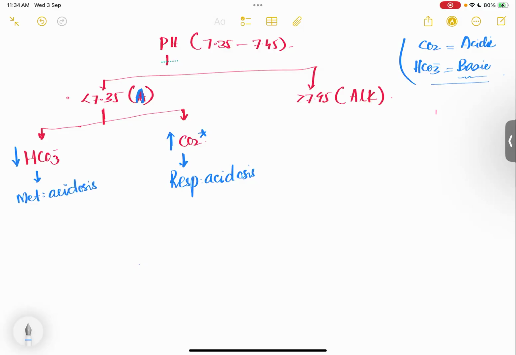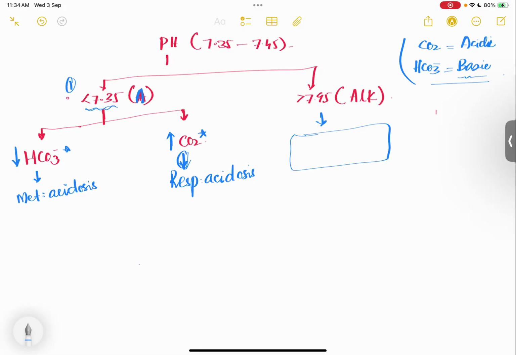So don't confuse. Whenever you look into the pH, first decide from pH. The first step is looking into pH. The second step is look to carbon dioxide for respiratory and look to bicarb for metabolic. For alkalosis, it's the same concept, okay? You will understand.